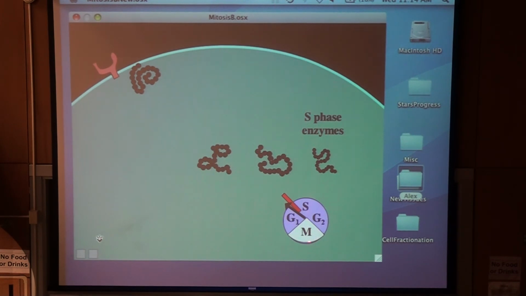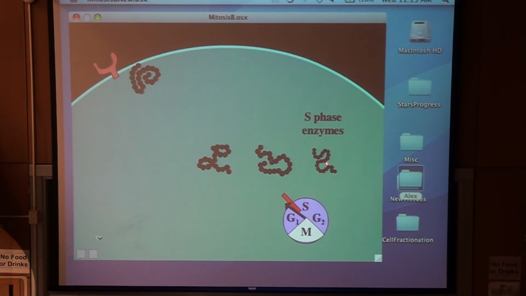And here's a little mini diagram so we can see where we are in the cell cycle. We're halted in G0. And this enzyme right here is going to represent the S phase enzymes, the enzymes that carry out S phase, like DNA polymerase 3 and ligase and primase and all the other enzymes.